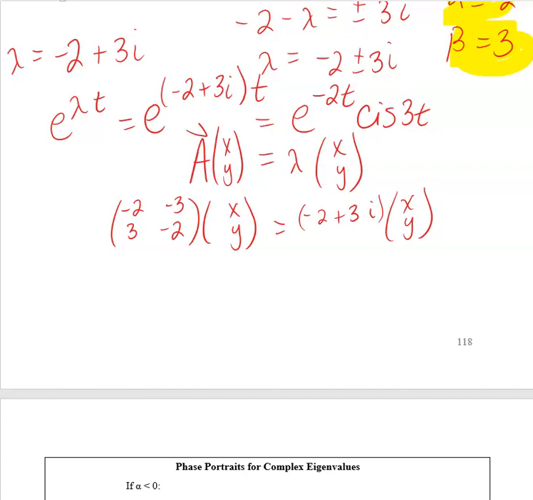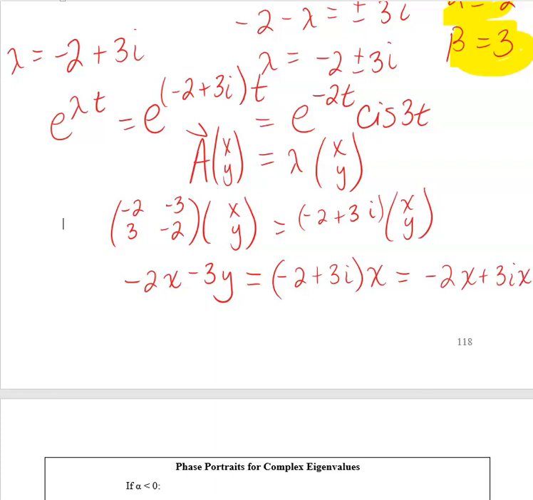If we expand this, we get -2x minus 3y for that top row equal to (-2 plus 3i) times x. You just got to be a little careful with your algebra here. Make sure this gets distributed. So we have -2x plus 3ix.